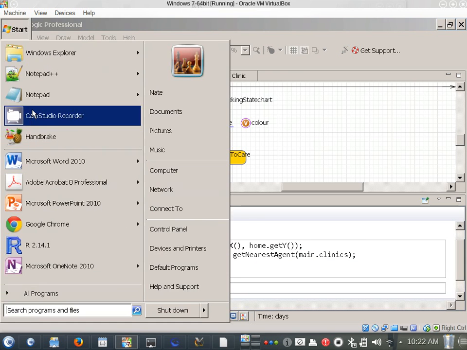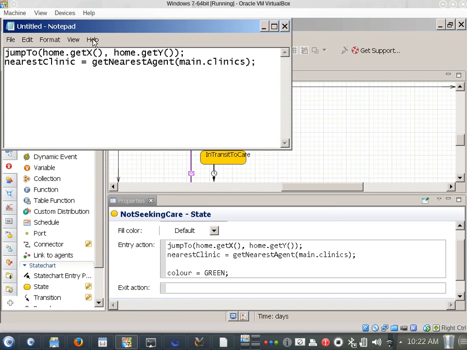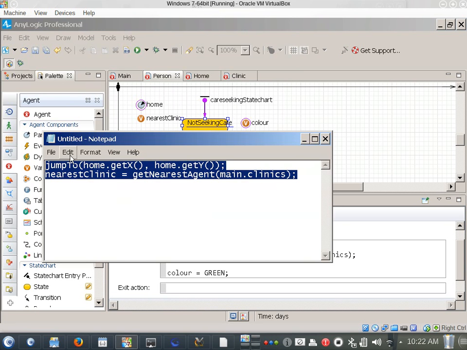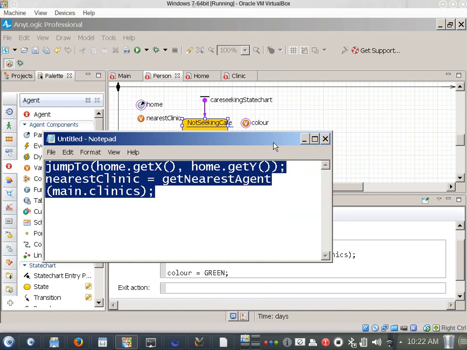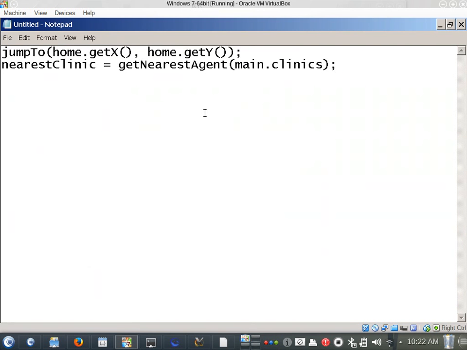Great. So, folks, this is the code that we're inserting.